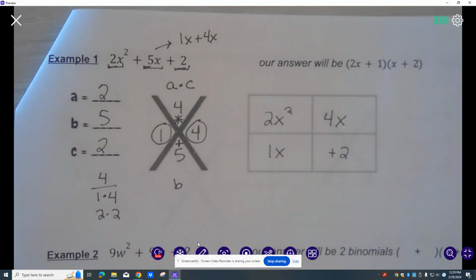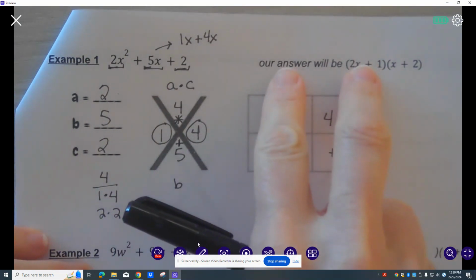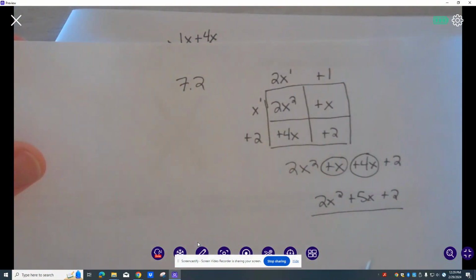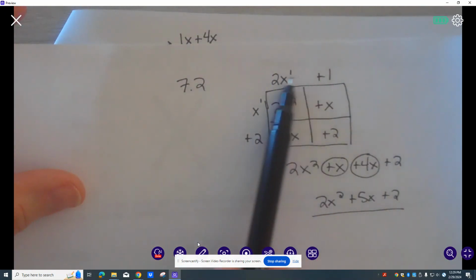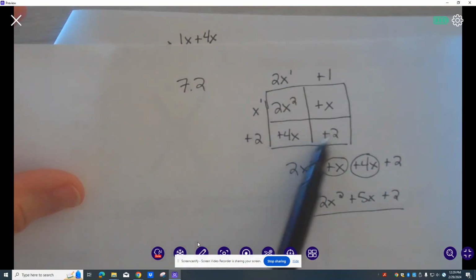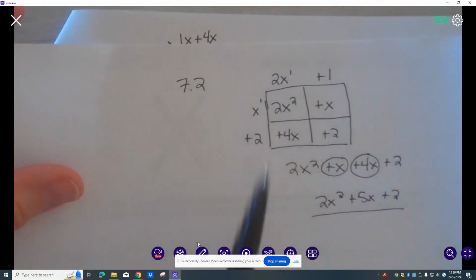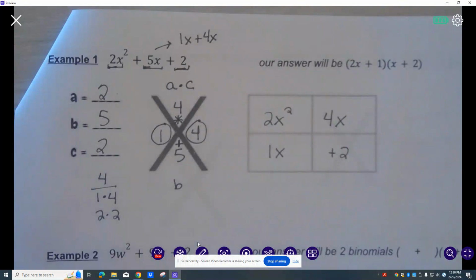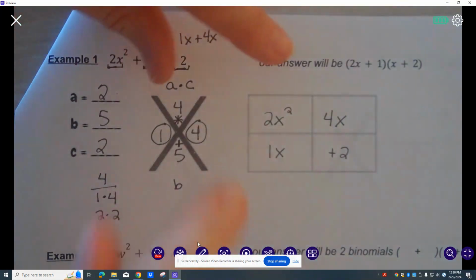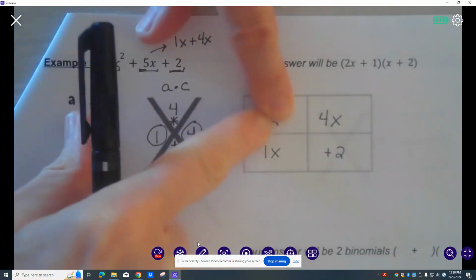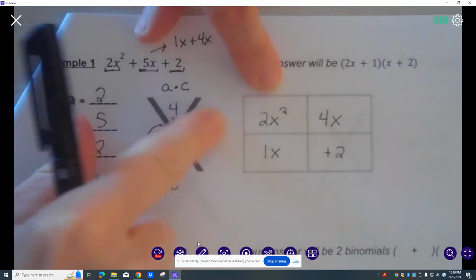All right. So now I need to find what goes on the outside of my box, what goes here and what goes here. Again, the opposite of what we did in 7.2. Let me go back to this problem for a minute. In 7.2, we were given these and we filled in the box. Our box is filled in, we need to figure out the outside. So we know from 7.2 that whatever number I put here and whatever number I put here, when I multiply them, I need to get 2x squared.